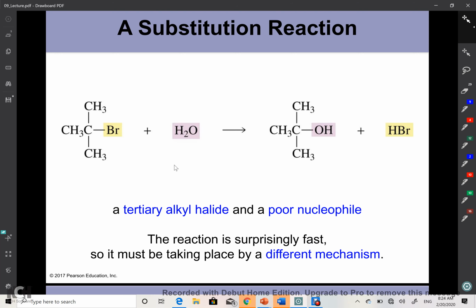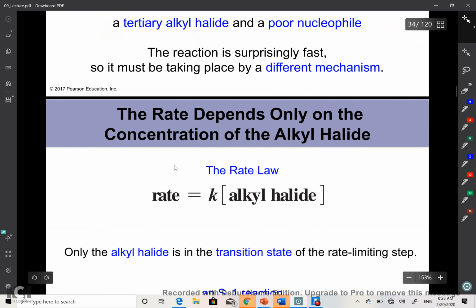Because that reaction takes place, and we all know that tertiary alkyl halide doesn't undergo SN2, it means that there is another mechanism that the tertiary alkyl halide uses in order to react. Does that make sense? And we need to elucidate what that mechanism is. This also happens even if your leaving group is not that good. That reaction still takes place.